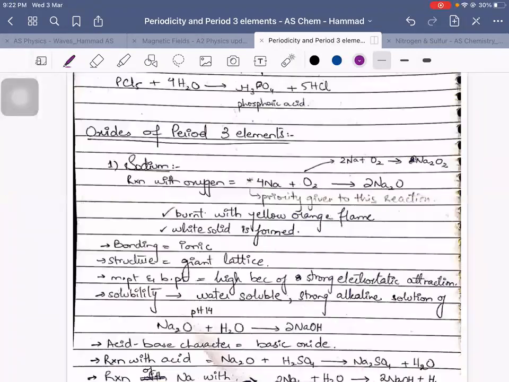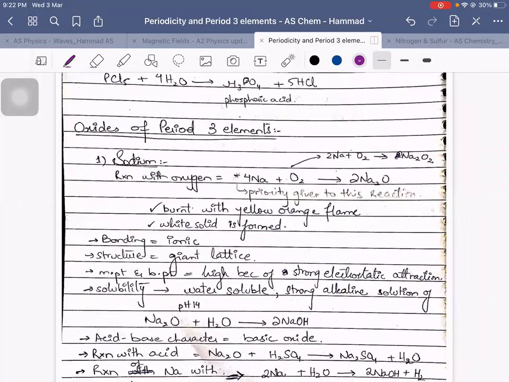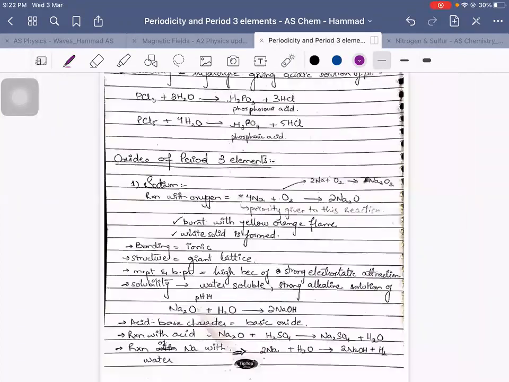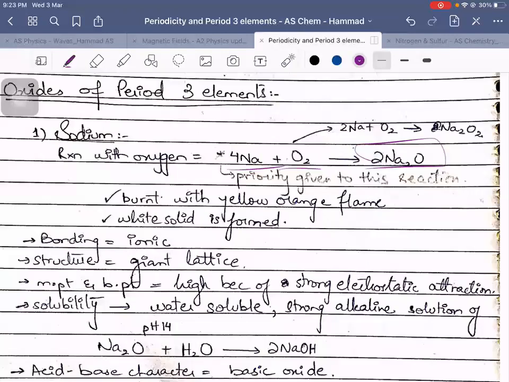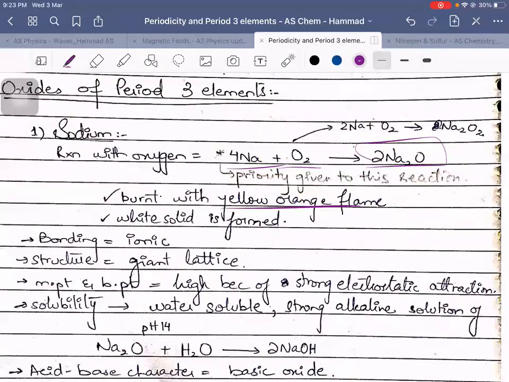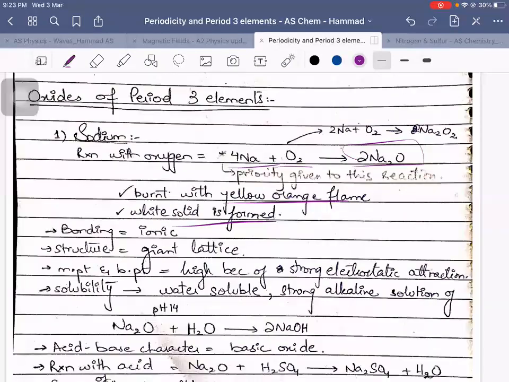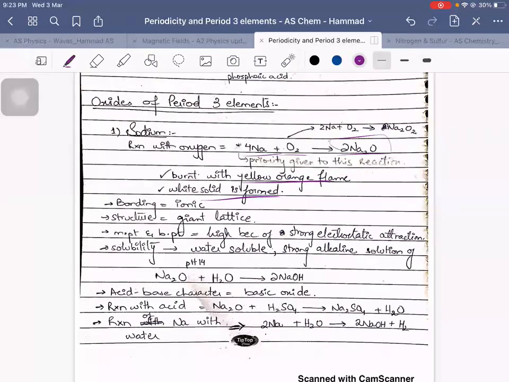Oxides of period 3. Again, sodium reacts with oxygen to give you Na2O. Please understand that sodium will burn with a yellow-orange flame and a white solid is formed. Every single thing in here has to be learned.